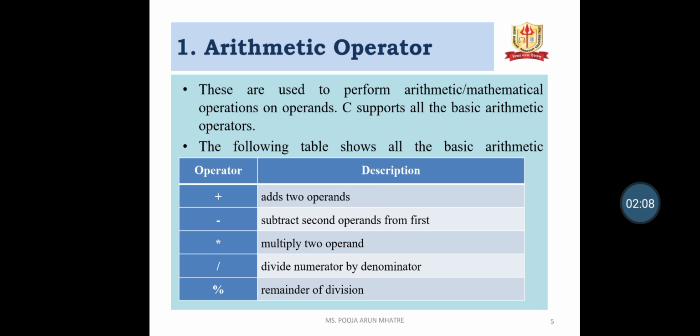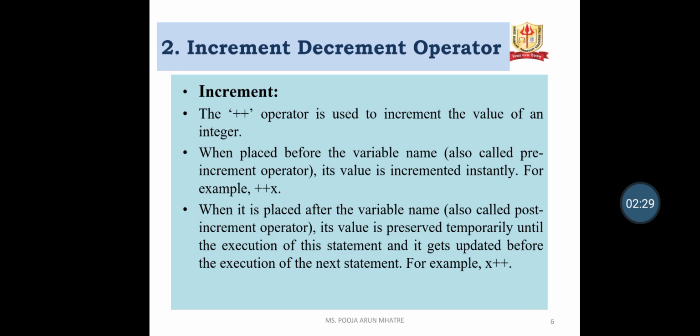Minus sign subtracts the second operand from the first. Star sign, that is asterisk, multiplies two operands. Forward slash sign divides the numerator by the denominator, and modulus sign gives the remainder of division.